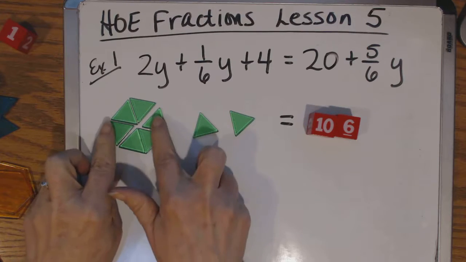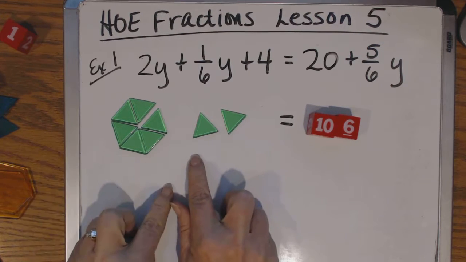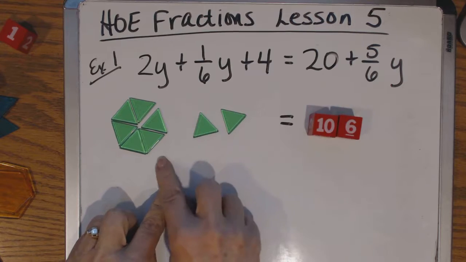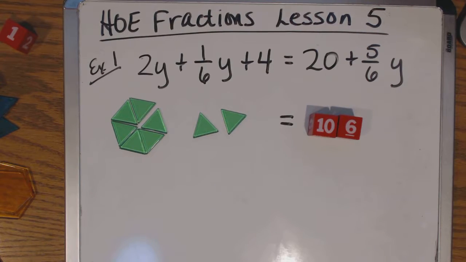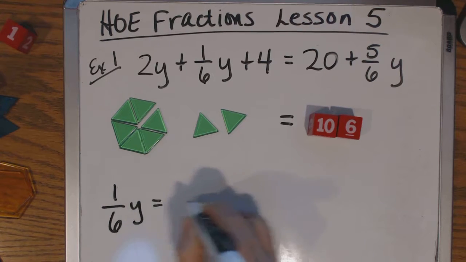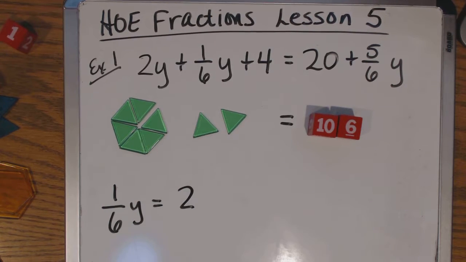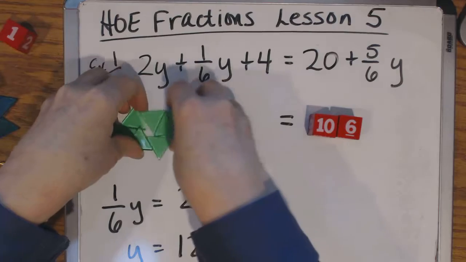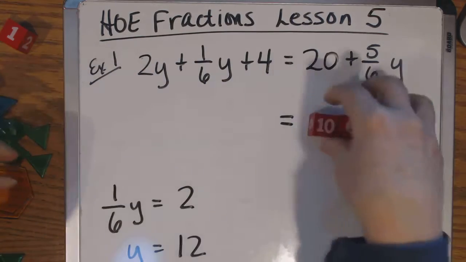I have 8, right? I have 6 plus 2. So it does mean that I've got 16 divided by 8. Each green piece, each 1/6 piece has to equal 2, okay? And if each of those equals 2, then the whole, being 2 times 6, a whole y has to equal 12, okay?